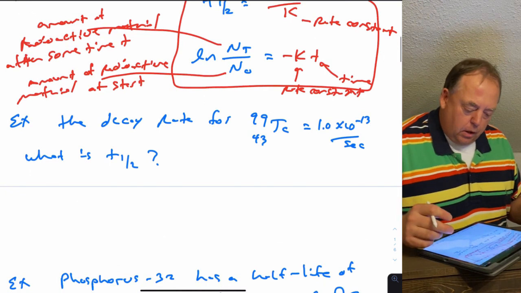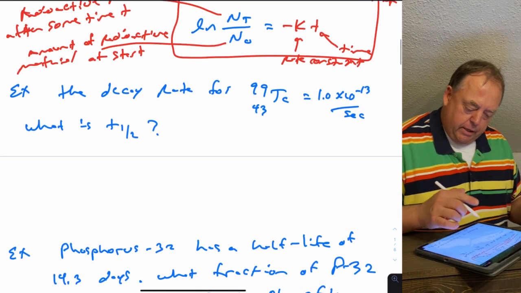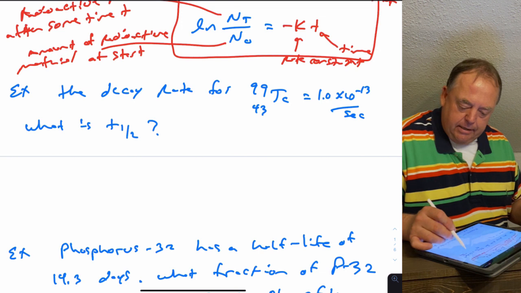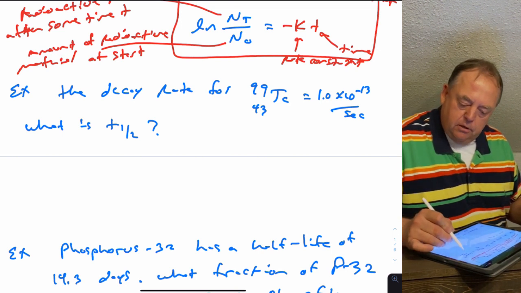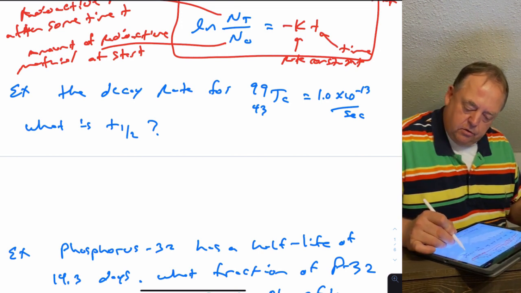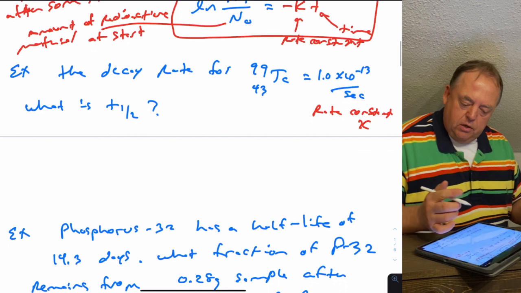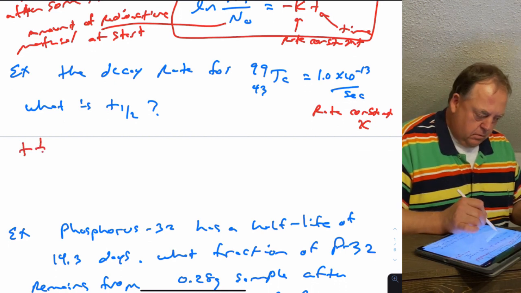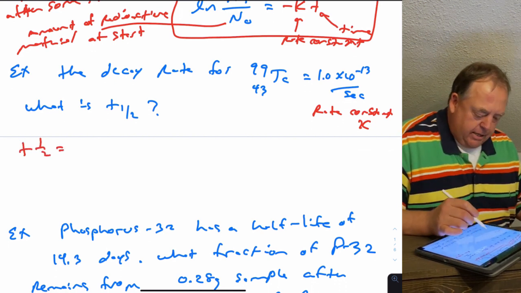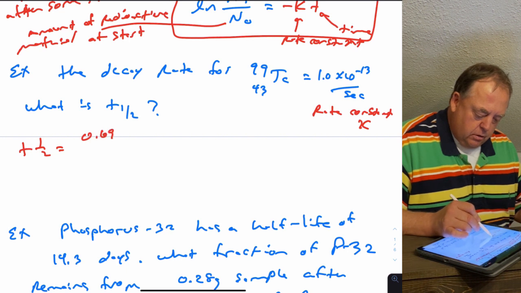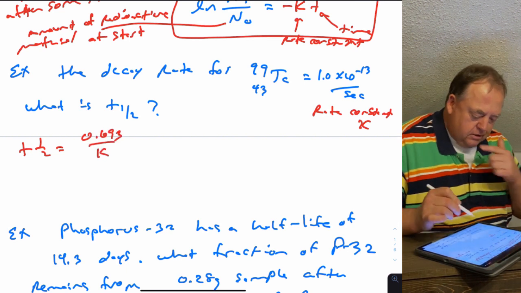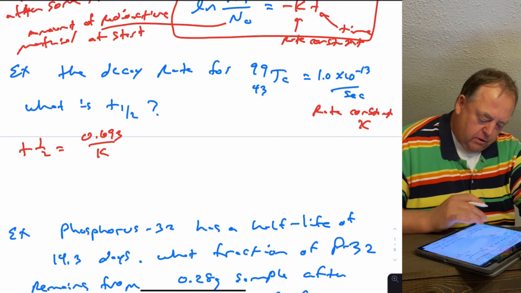So let's take a couple of problems just to illustrate. So the rate decay for technetium-99 is 1.0 times 10 to the minus 13 seconds, so that is a rate constant k. So what is T1/2? So a pretty easy calculation, you just need this equation. T1/2 equals 0.693 over k.